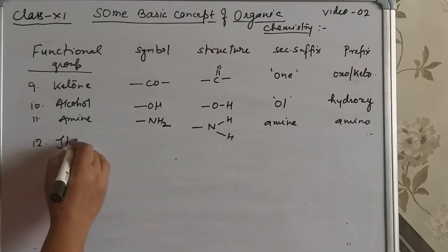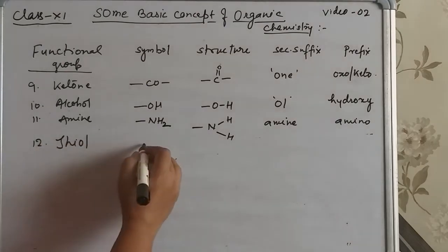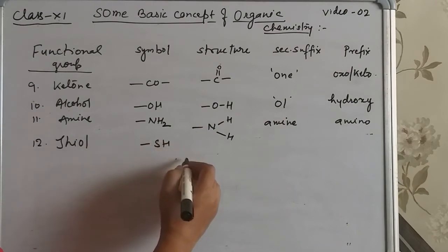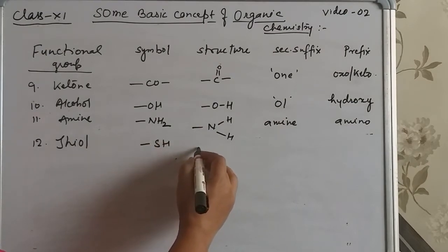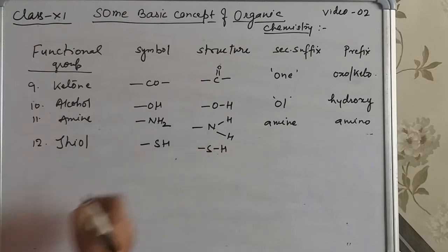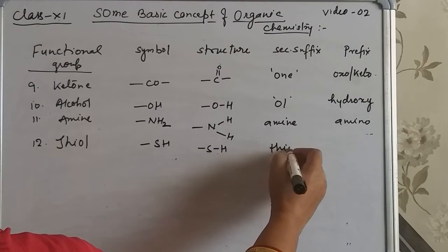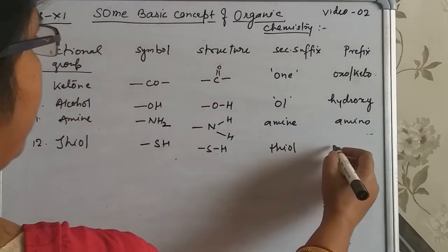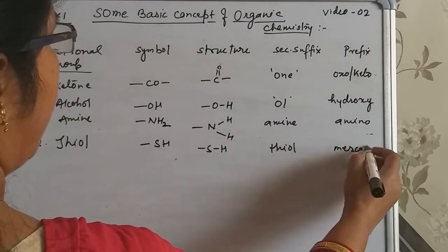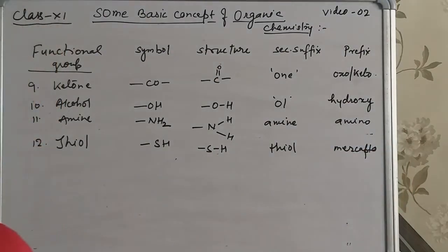Next one is thiol, symbol SH, and the structure S single bond H. Secondary suffix used is thiol and prefix used is mercapto. Mercapto compound is used in LPG gas as a smelling agent, ethyl mercaptan being the most common.